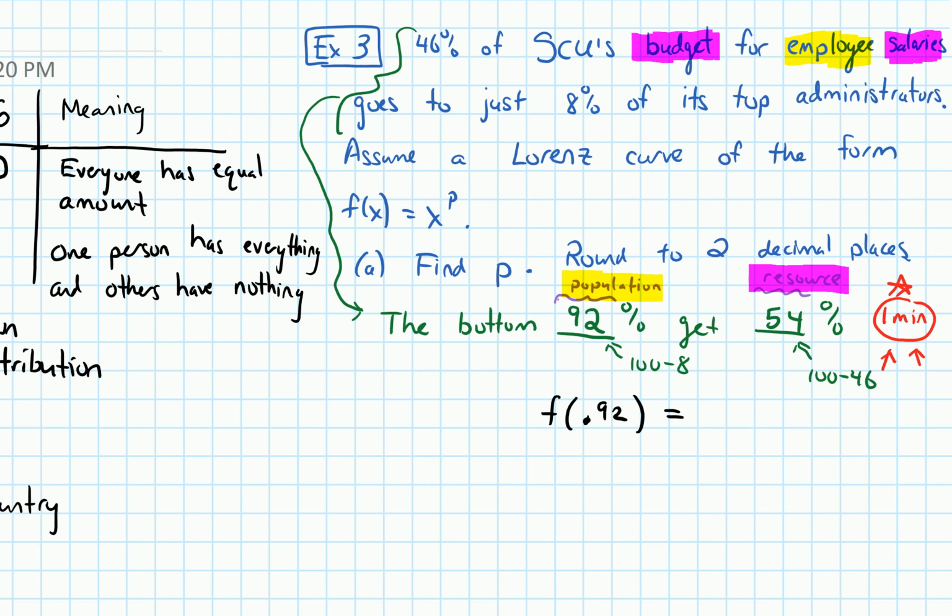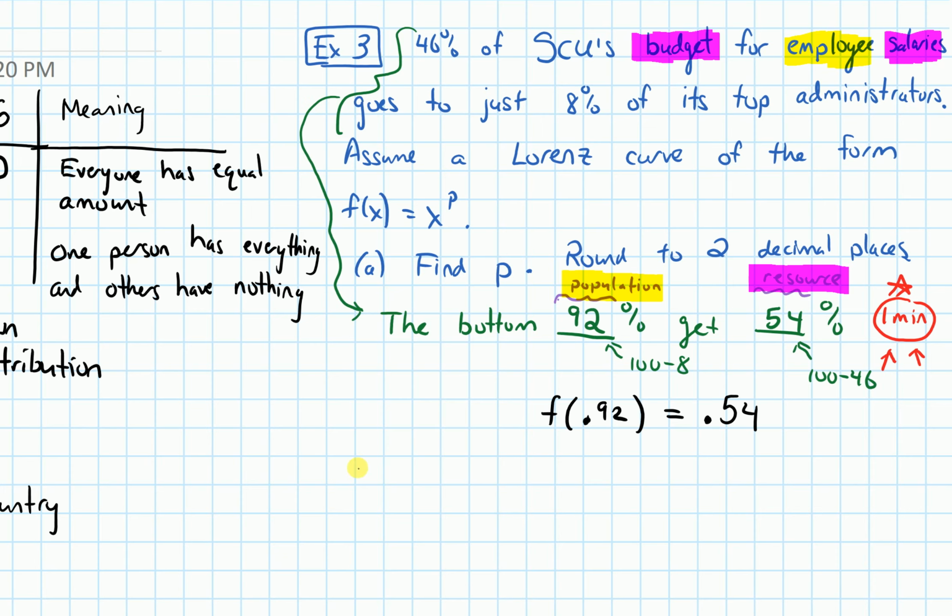So 54%, convert that to a decimal, and I get 0.54. Okay, so that analysis, how we reason this out, converted it to a math statement, and then use that to plug into what the Lorenz curve input and output should be, that was essential to this question. So definitely make sure you review this if you had questions about how we work this out, and ask questions if it still doesn't make sense.